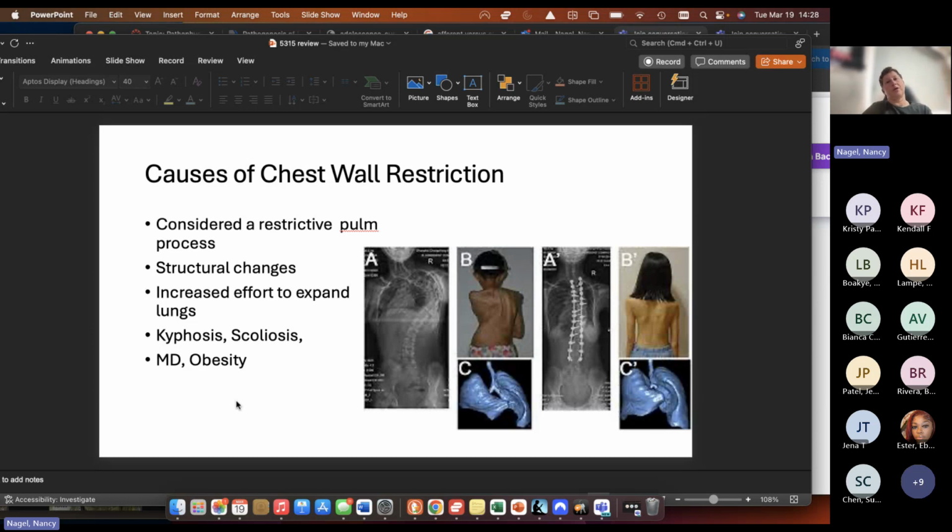So they do develop some compensatory mechanisms, but at some point they can plateau and they just cannot take those big breaths without exhibiting a lot more energy. But circling back, I want you to take a look at those 3D images of those lungs and how they're affected, and why they wouldn't get full expansion.